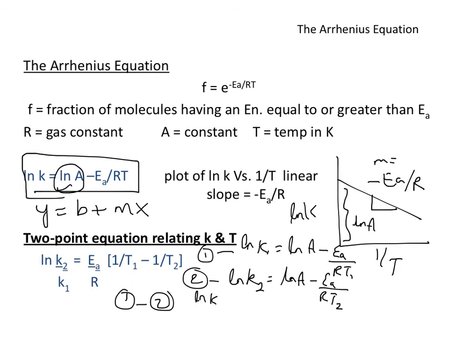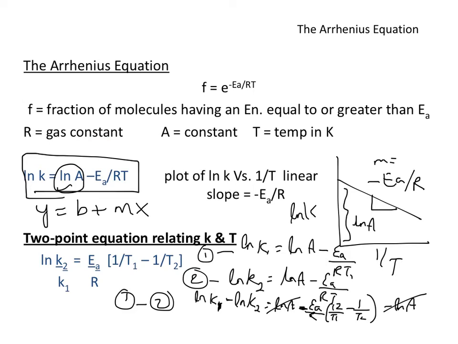So natural log of k1 minus natural log of k2 is equal to natural log of A minus Ea over R. Hopefully you can see I can take that common, so 1 over T1 minus 1 over T2, and the natural log of A terms get cancelled off.